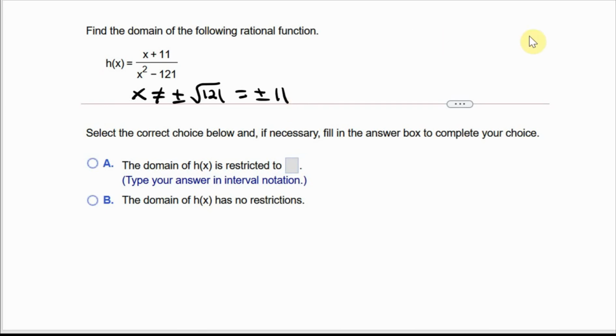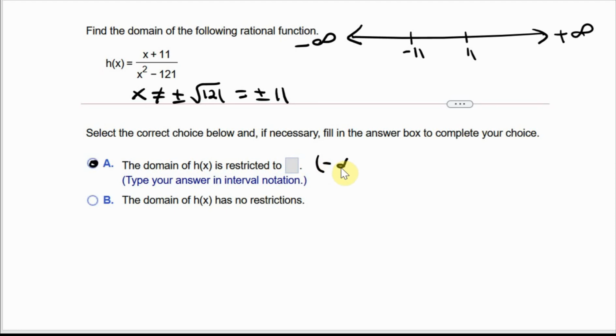So again, on the number line, our domain would be from -infinity to -11, union with -11 to 11. Close that up. That's union from 11 to +infinity. Okay.